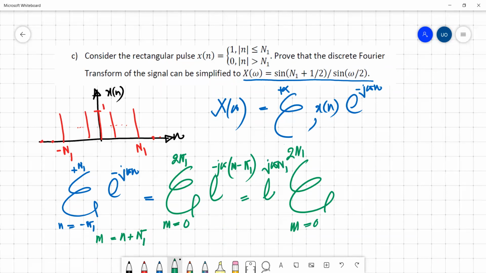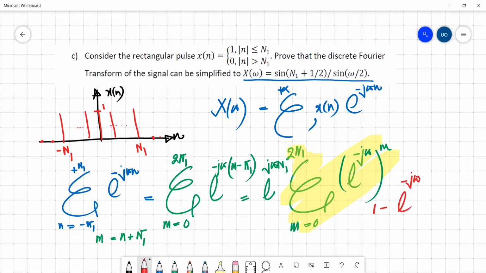Then we have e to the power minus j omega, to the power m. So you can simply replace this finite sum of the geometric series with 1 minus e to the power minus j omega.